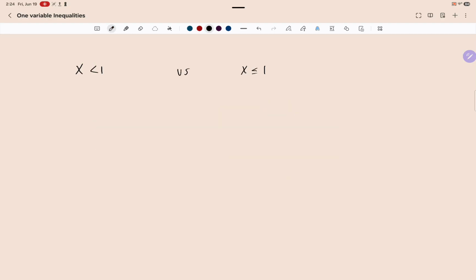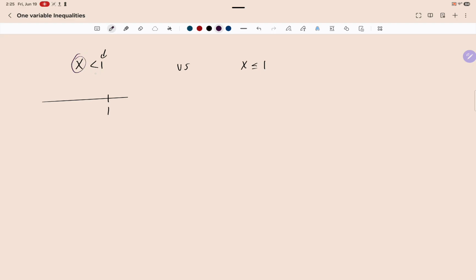Great. Now I'm going to compare these. Notice that here we do not have the bottom mark. This is the less than symbol versus the less than or equal symbol. So for this one, again, whatever number you have, just draw a number line and write the number 1. Now we want to focus on the x's that make this statement true.